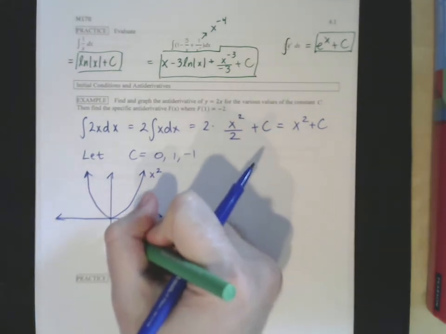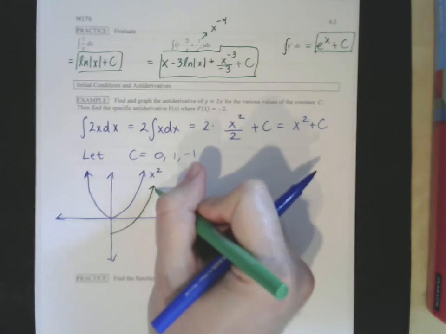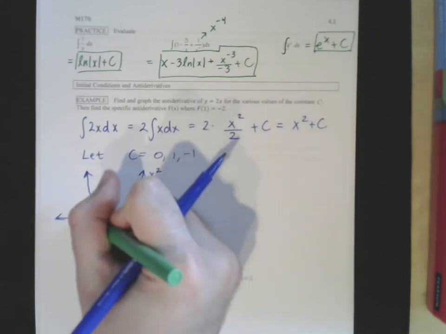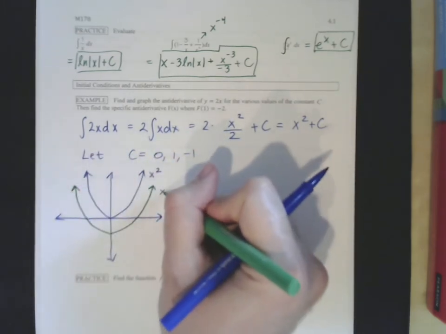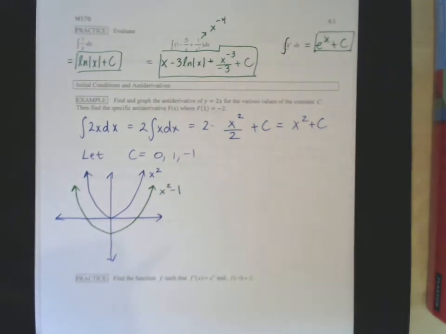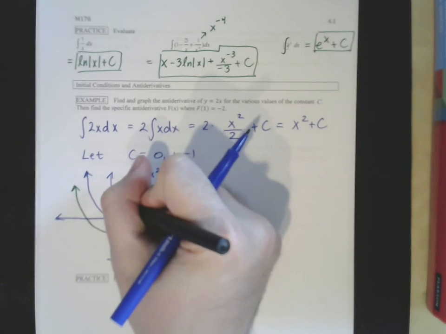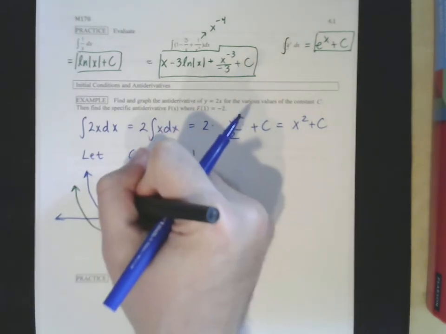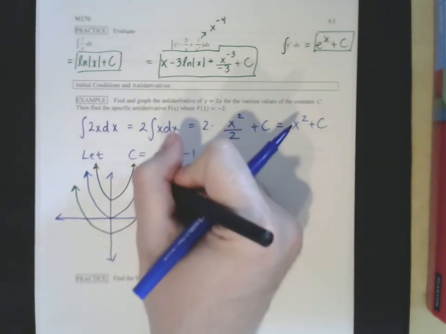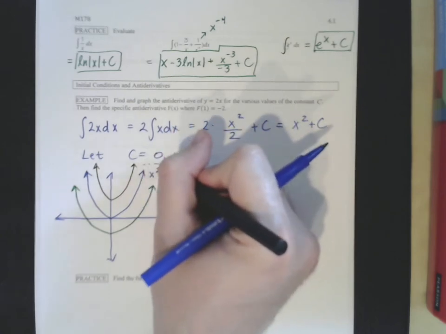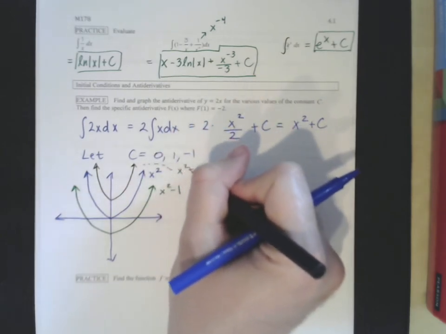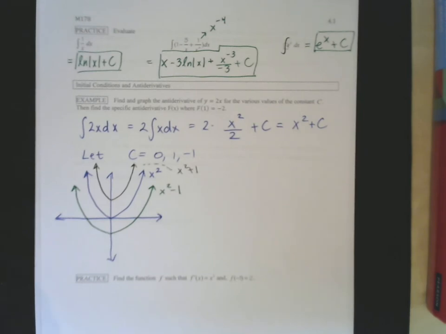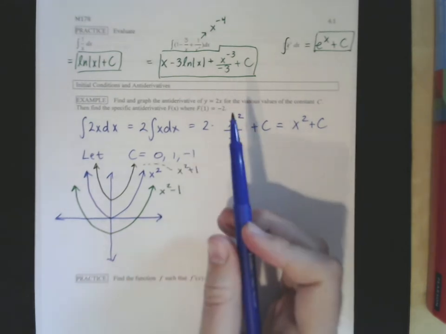X squared minus 1 would look basically the same, but starting down here instead. This would be x squared minus 1. And x squared plus 1 would look basically the same, but starting here. So this would be x squared plus 1. So all of these, as we've talked about, are antiderivatives of 2x.